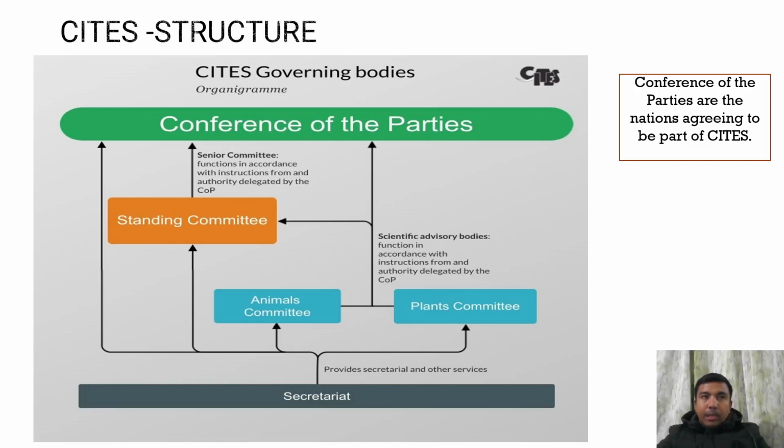These include expert members from their particular domains. The plant and animal committees formulate certain advisories regarding the inclusion or exclusion of any species from the appendix, regarding upgradation or downgradation of the species in the appendix. And the standing committee forwards those advisories to the Conference of Parties, and subsequently they are implemented in the nations which are party to CITES.